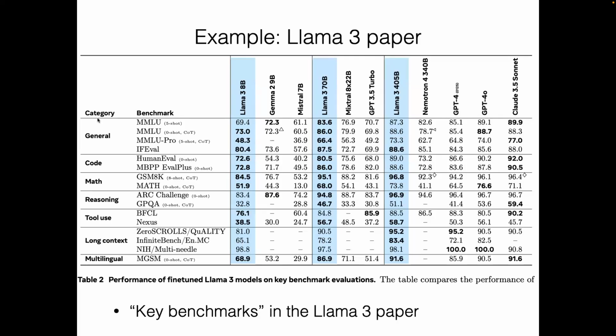Okay, so up here they have general, and they have four different ones, so MMLU, and these. For code, they have HumanEval and EvalPlus. For math, they have GSM8K and MATH. And you can see these different categories. And then, oh, I took away the caption, but they call these key benchmarks.